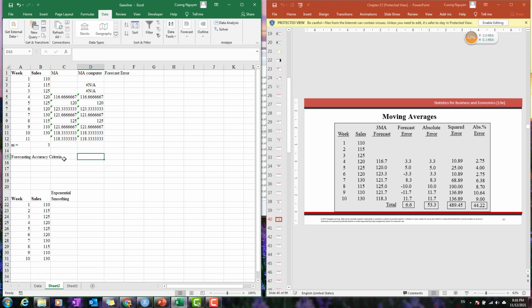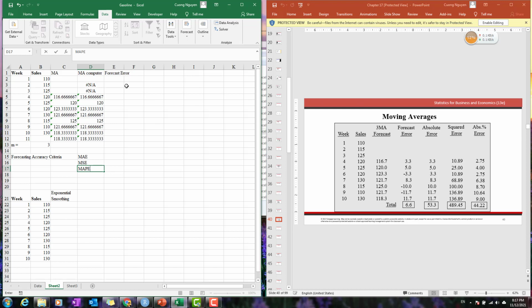What I want to do are the MAE, the mean of the absolute errors; the MSE, the mean of the squared errors; and the MAPE, the mean of the absolute percentage error. We first have to measure it all by ourselves.